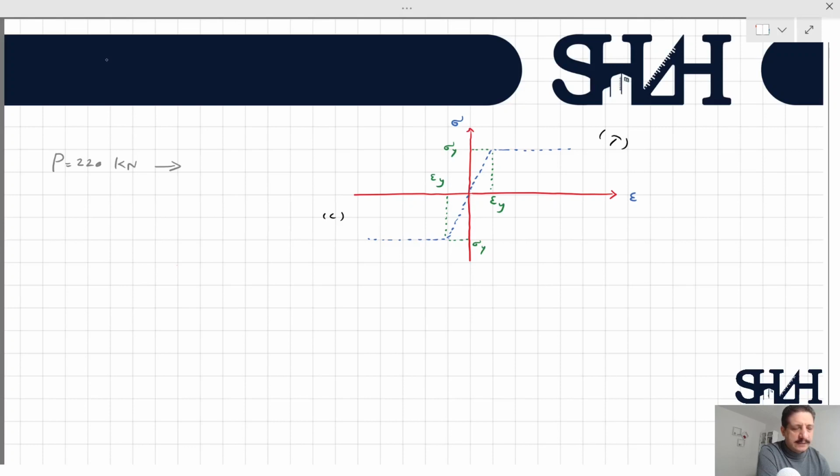Assume that we assigned load to this system until its actual stress is very close to sigma y. So it is loaded and here we stop. Now if we remove the load, better to say that if we reverse the load.